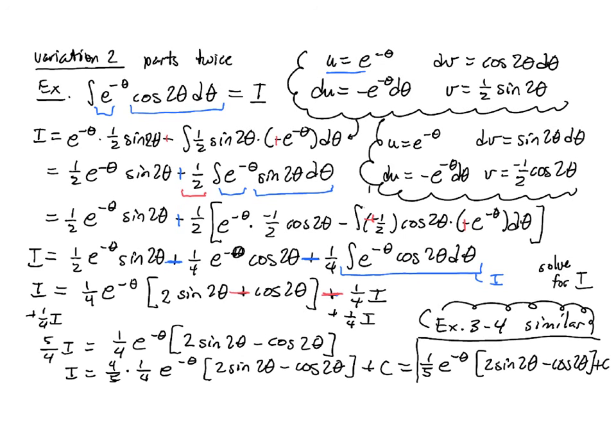Before we finish, I want to show you one more variation on this theme. And this is the variation where you make a strange substitution that doesn't look like it's going to be helpful at all, and then you use integration by parts.